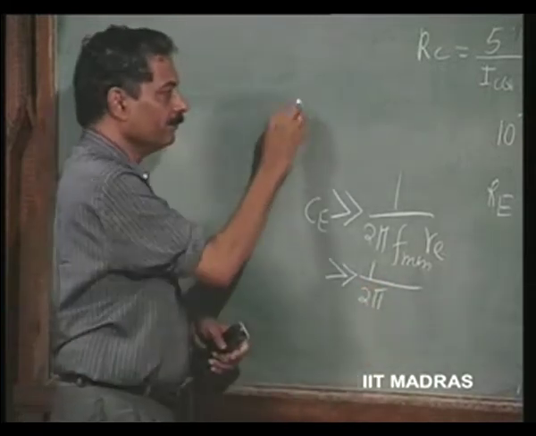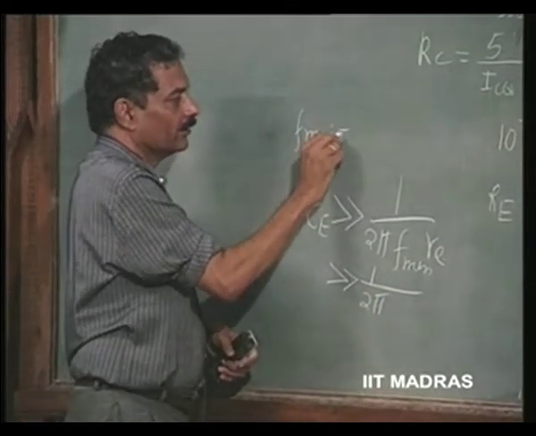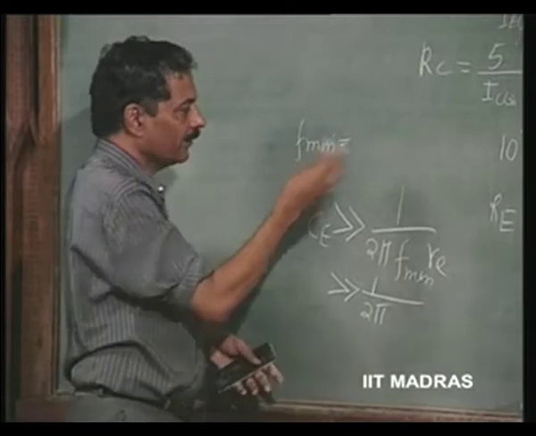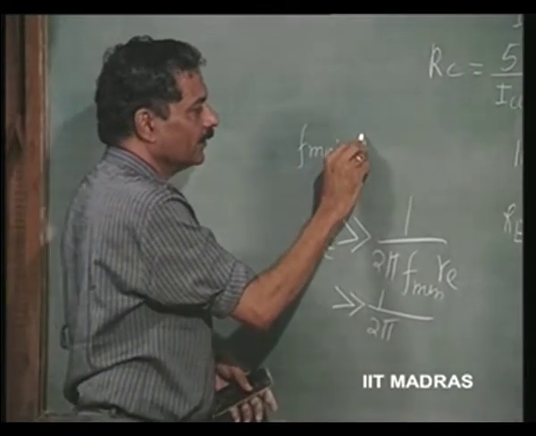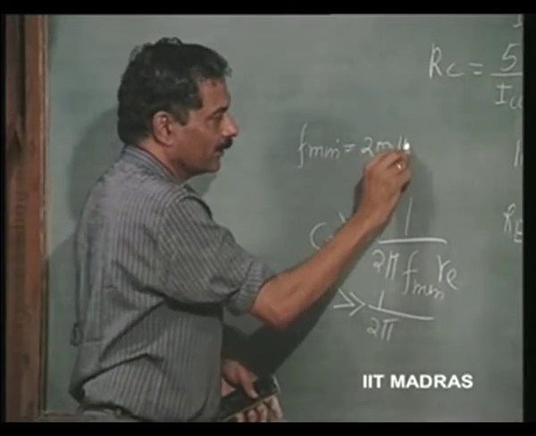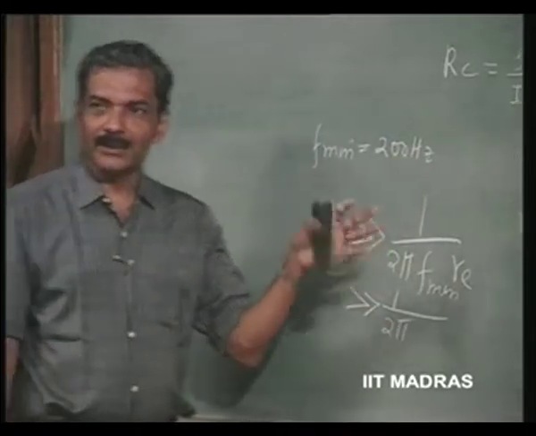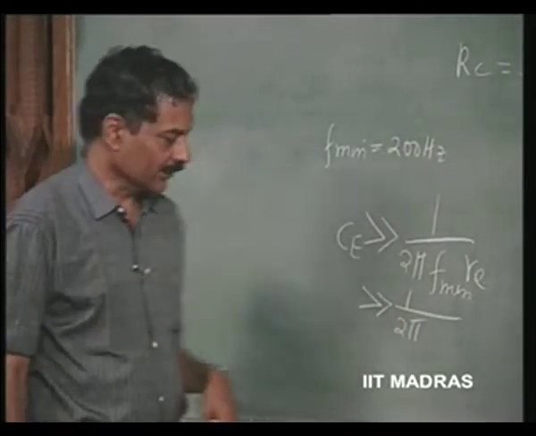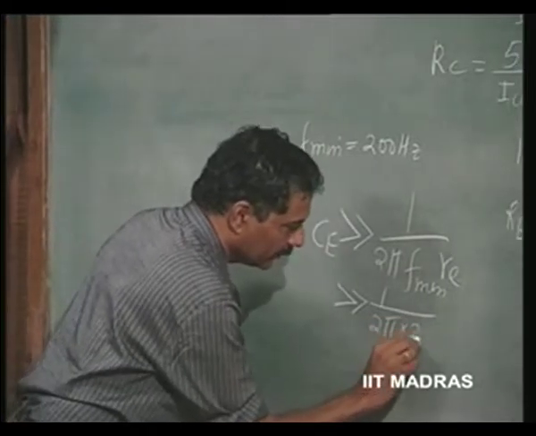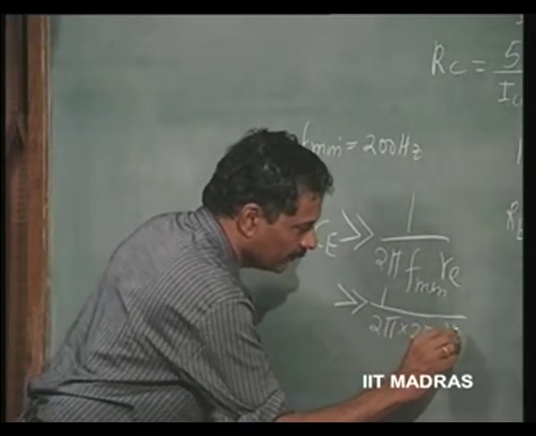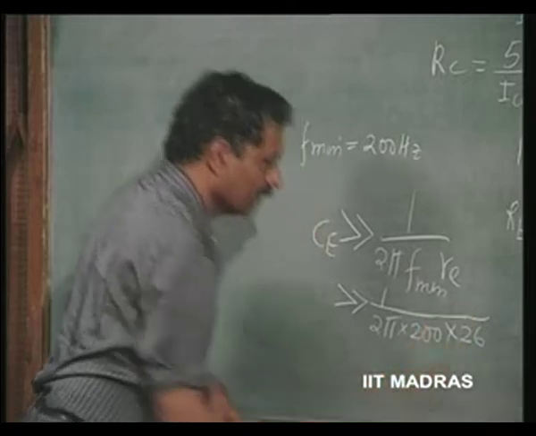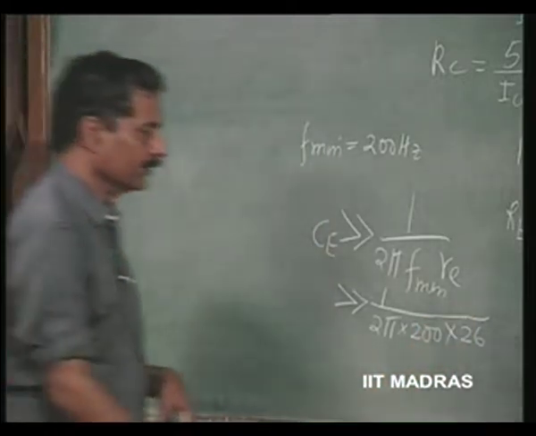Let us say f minimum, if it is not given, we are going to fix it as, let us say, 200 hertz. We are not interested in any frequency less than 200 hertz. So, this into 200 hertz into 26, farads.